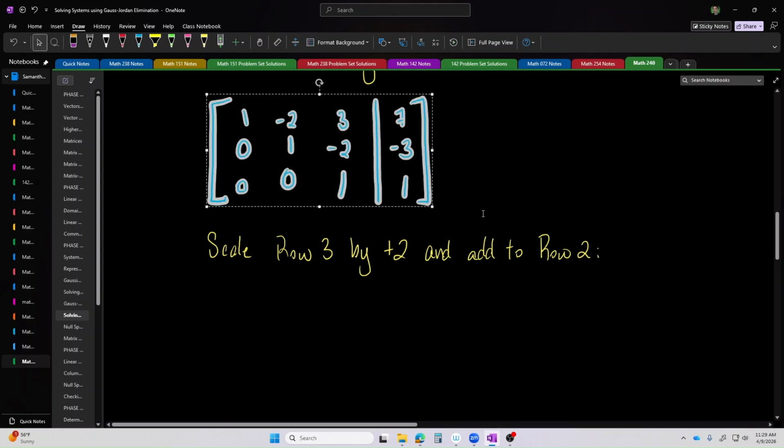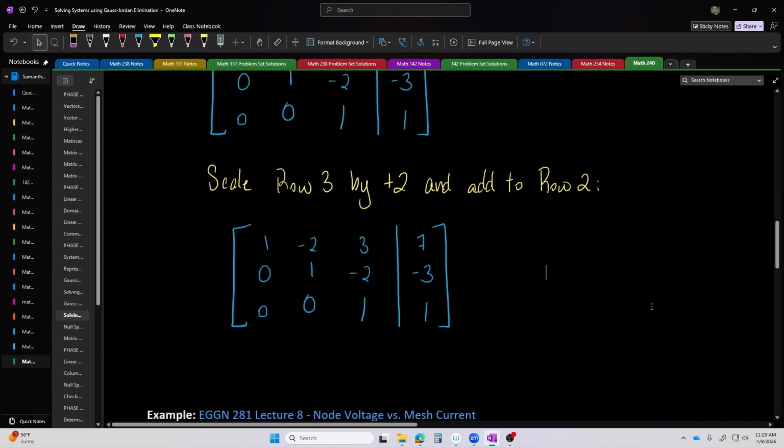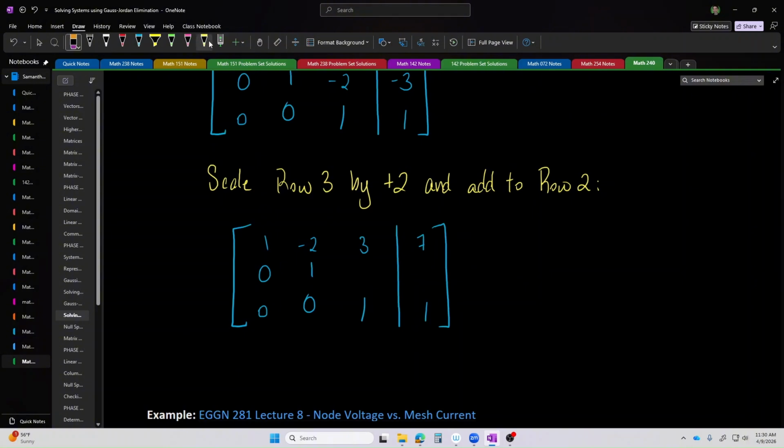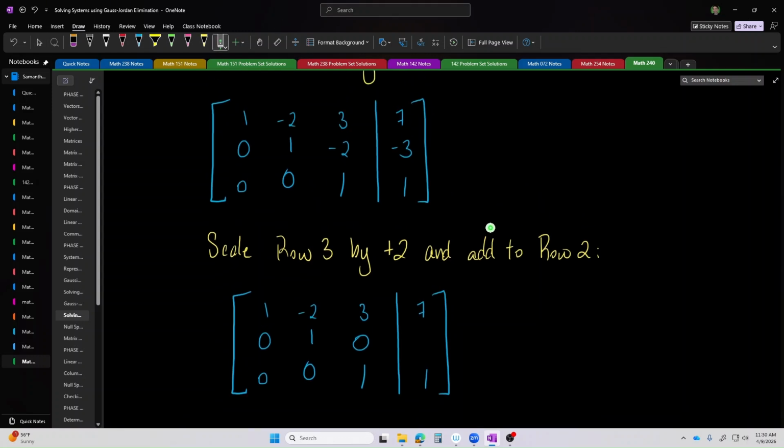So if I do that, because of all the zeros that are currently on the left-hand side of this matrix, the only entries that will actually be affected by this action are the 2 entries on the far right side of the matrix, the one in the z's column and the one in the outputs column. So the z's column will cancel out by design, and I'll get a 0 in that position. And so let's see what happens in the outputs column. If I take this 1 and multiply it by +2 and add it to -3, we get a result of -1 there.